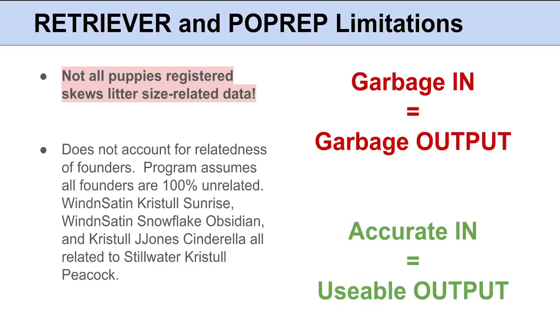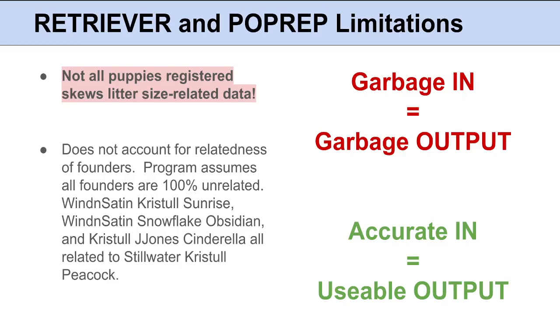And now that I've explained all the great stuff about Retriever and PopRep, there are limitations, the biggest of which is that if we put garbage data in, we're going to get garbage output. The more accurate data we put in, the better usable output we'll get out. One of the other limitations is that not everybody registers their puppies, which will skew litter-size related data.